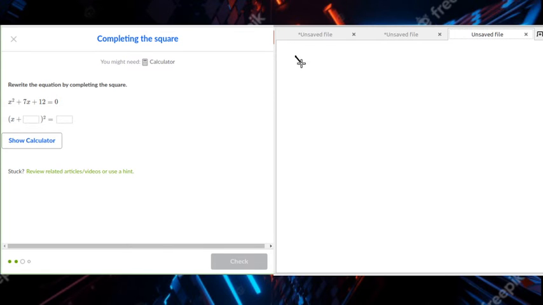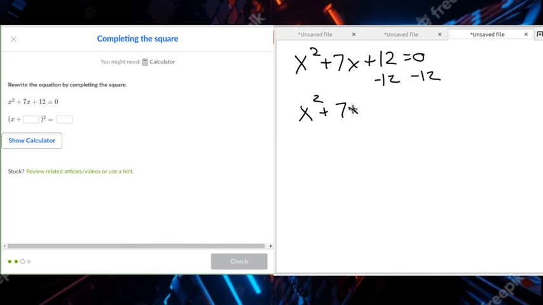And x squared plus 7x plus 12 equals 0. We're going to have to subtract 12 here. So x squared plus 7x equals negative 12. And my b is 7, so my b over 2 is 7 halves, and my b over 2 squared is equal to 49/4.